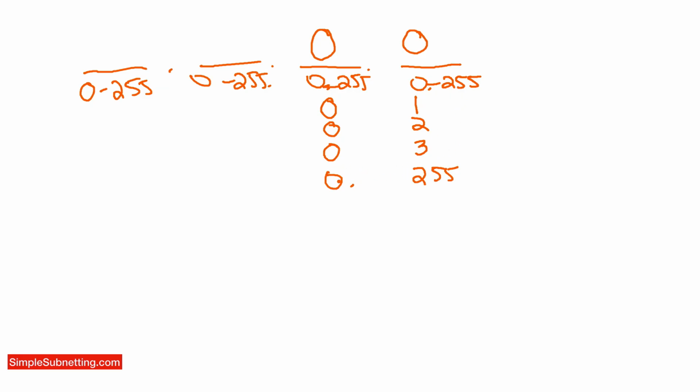After that, you roll over and go to 1.0, and just start back over. 1.0, 1.1, 1.2, 1.3, all the way down to 1.255. So then it rolls over, and now it's 2.0.